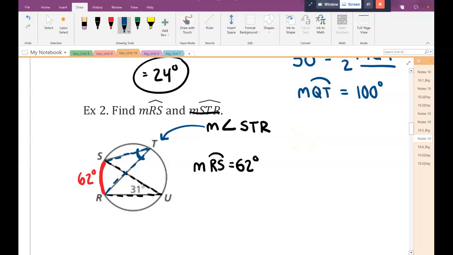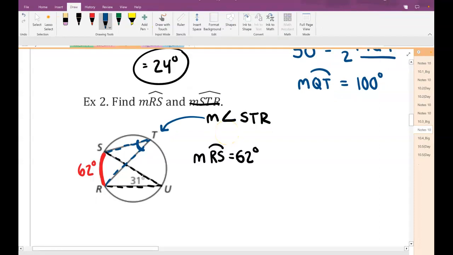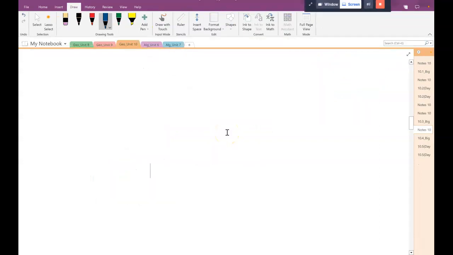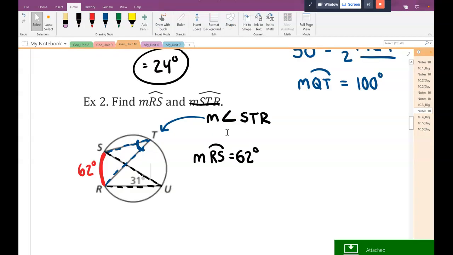All right. So that's going to help us because we could say, okay, well, right away, angle STR has to be 31 degrees as well because it'll be half of, then charge my computer now it's going to die. It's going to be half of 62, so this is 31. So our angle measurement, just like our other one, is equal to 31 degrees.